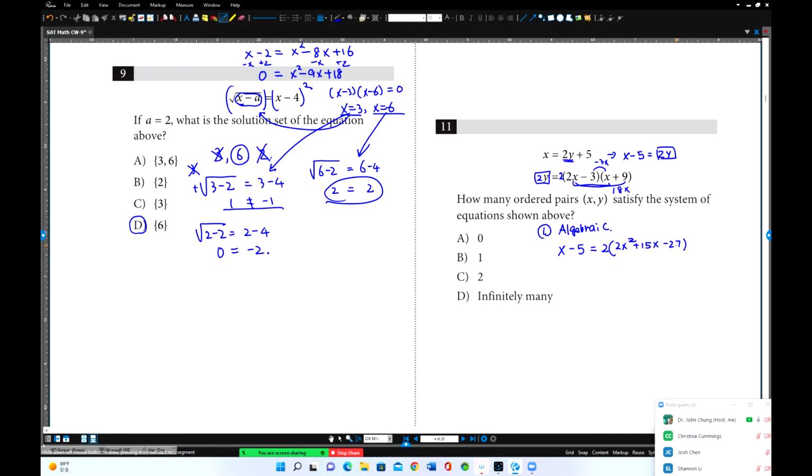After that, you can solve this one. 4x squared plus 30x minus 54 equals x minus 5. So 4x squared, this is minus x, what? 29x plus 5 equals, minus 49, right?